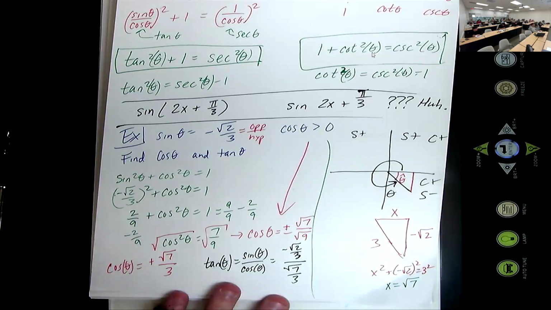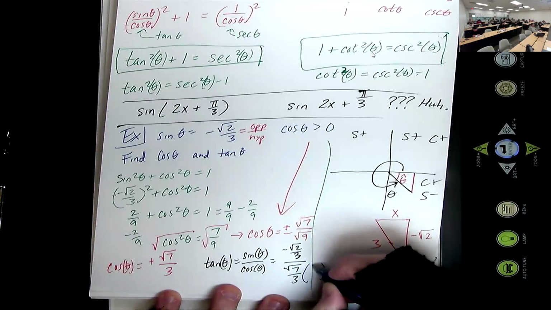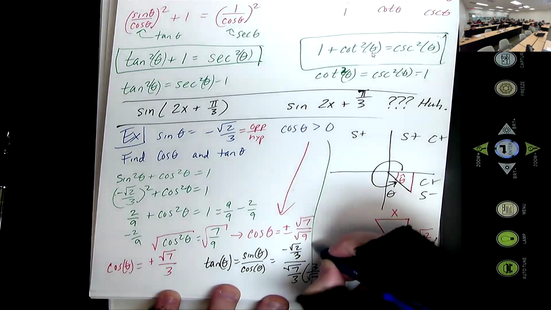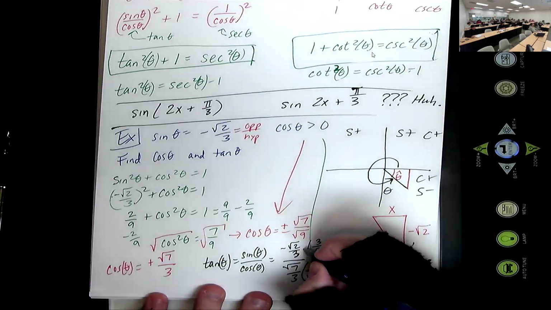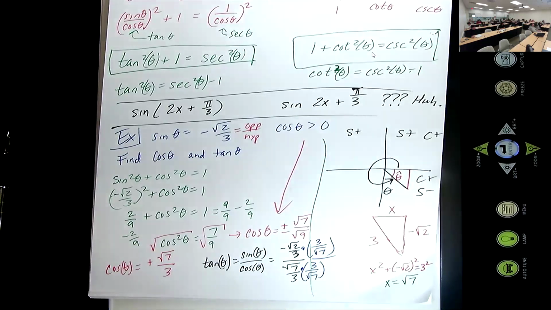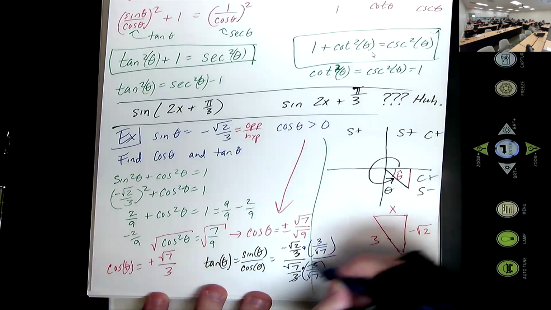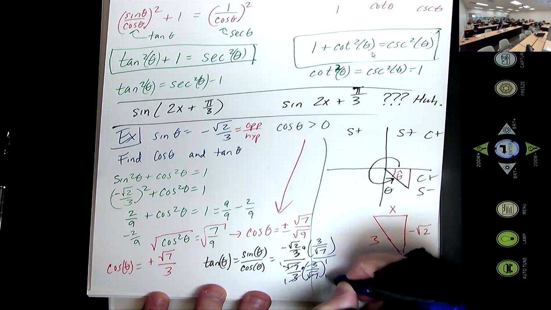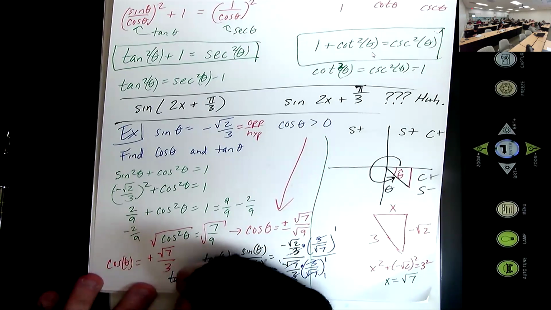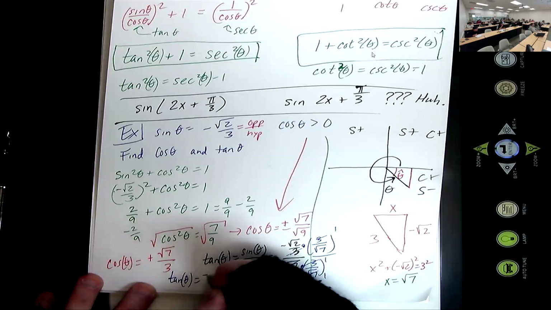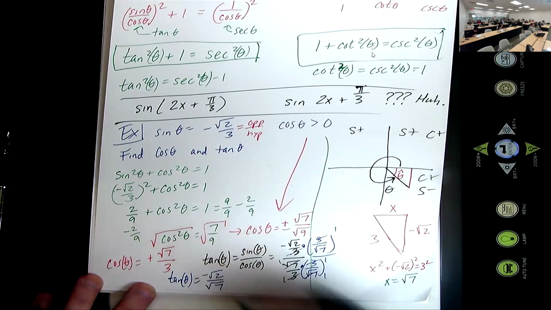As a reminder, to clean this up, we flip over the bottom and multiply the top and bottom by that flipped over part. We're effectively multiplying by 1, since we have the same number on top and bottom. Here the 3's cancel and the square roots of 7 cancel. I get tangent theta equals negative square root of 2 over square root of 7.